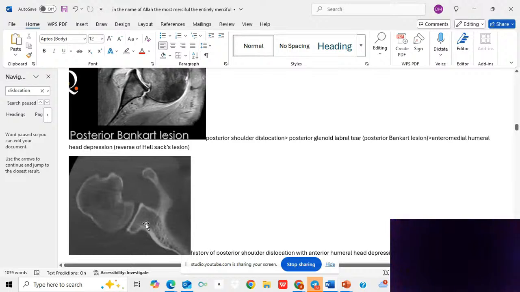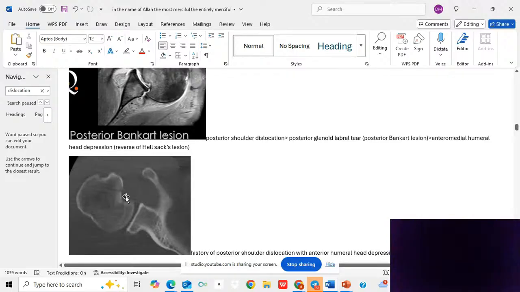This patient has a history of posterior shoulder dislocation, and on CT scan, as you can see, there is a depression on the anteromedial aspect of the left humerus. So the Hill here is not posterior, it's anteromedial.